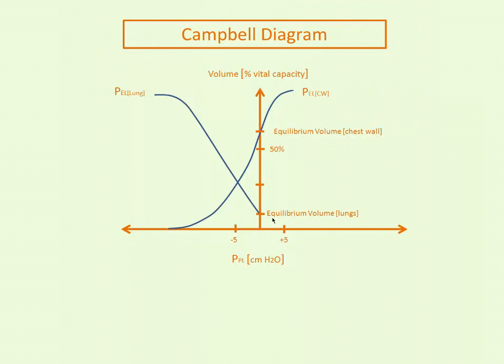And for those of you who've seen an open thorax surgery, like a CABG or any open heart surgery, when the surgeons cut the sternum and open the chest wall, the chest wall tends to spring open, spring outwards, and that's the chest wall trying to reach its equilibrium volume from FRC.